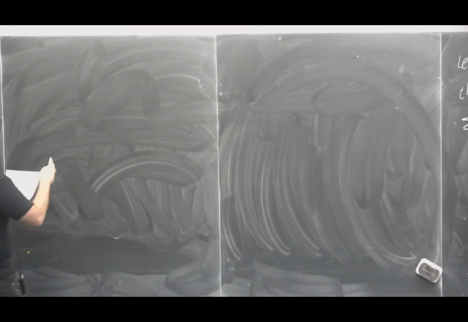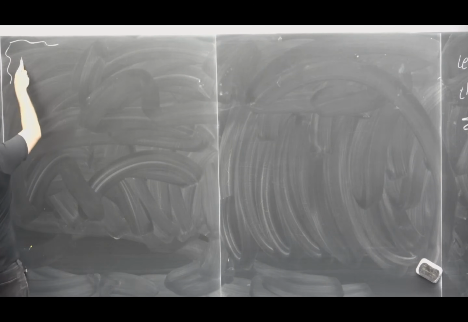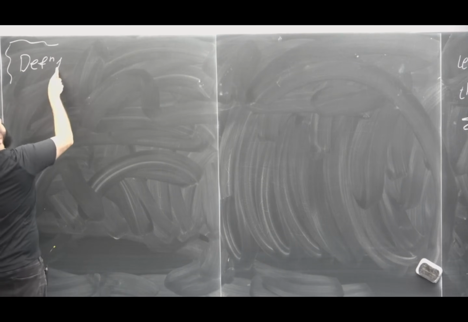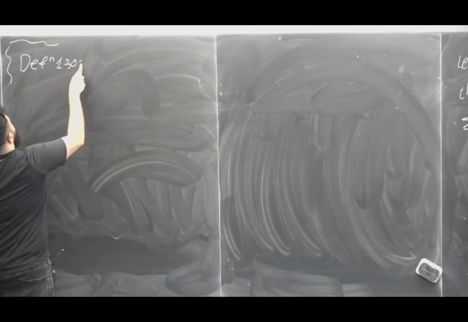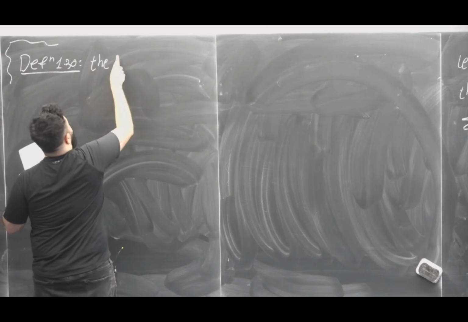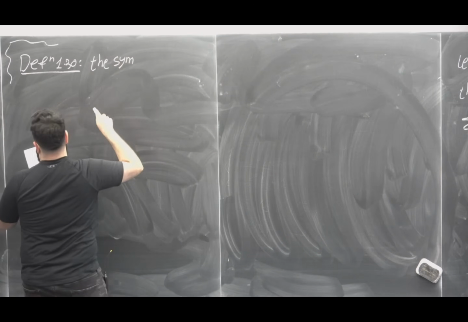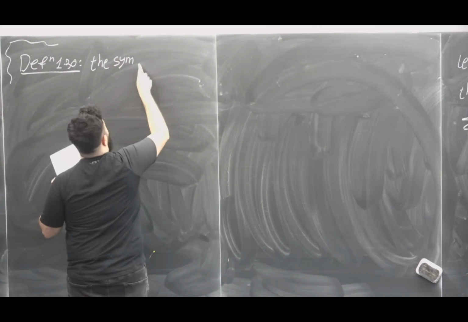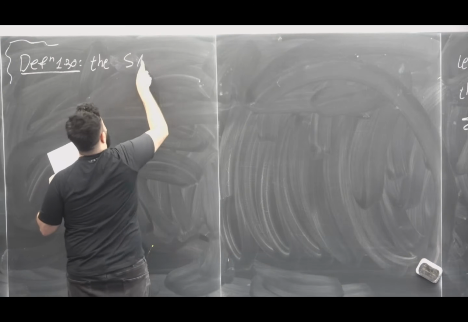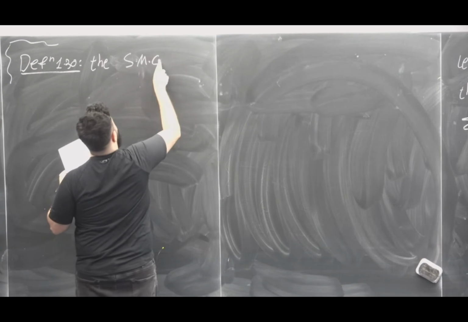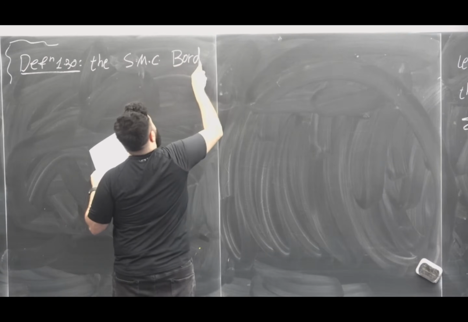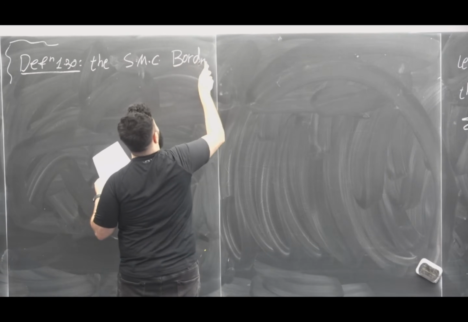So, definition 130. The symmetric monoidal category. Just write: symmetric monoidal category Bord_n, so n-dimensional cobordisms, we'll write it like that.